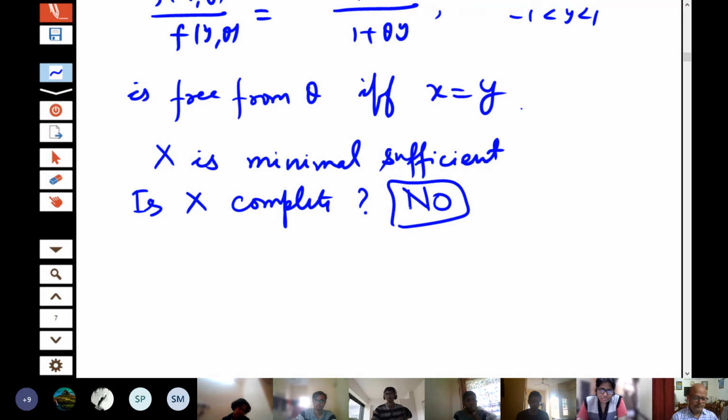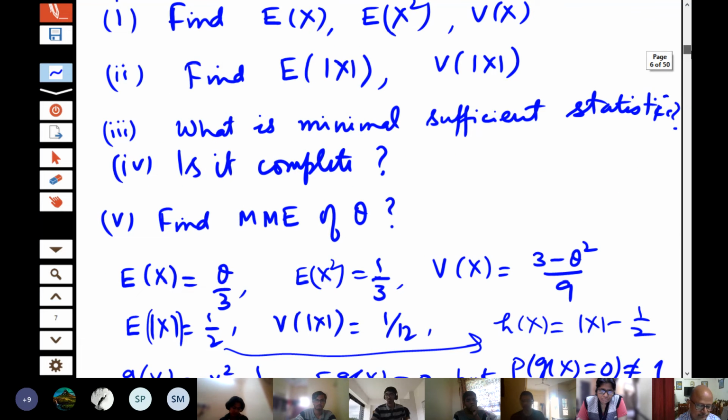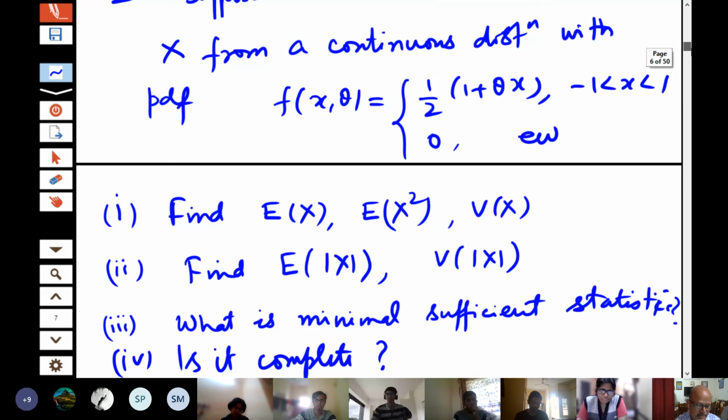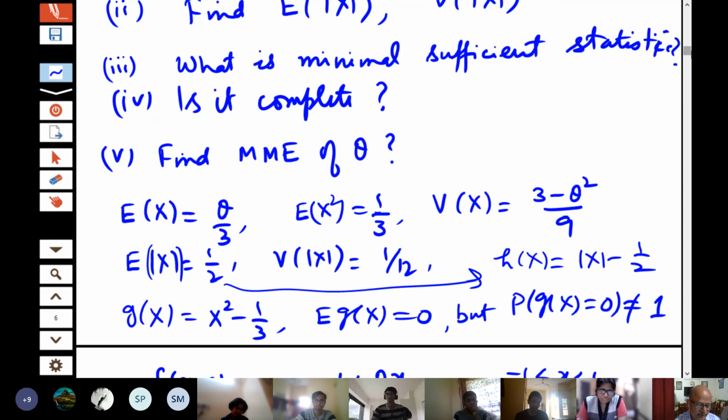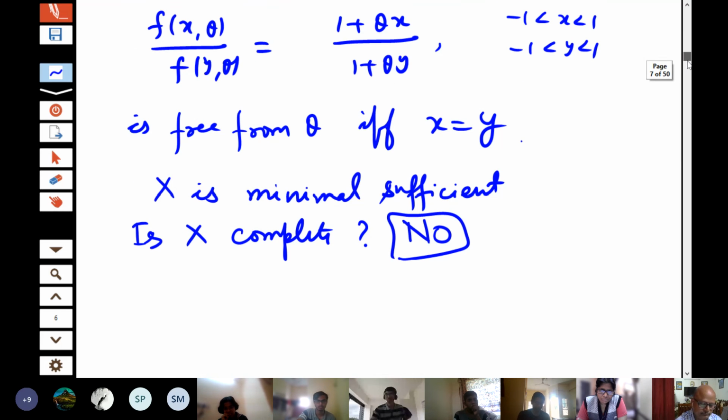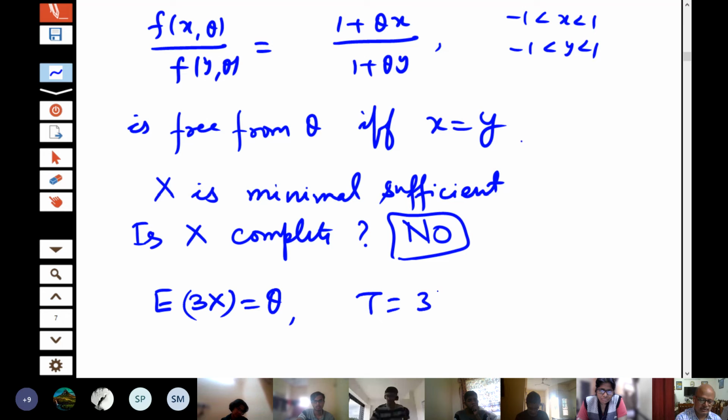So although I have got here expectation of x is equal to theta by 3, I will get an unbiased estimator of theta based on x. Expectation of 3x is equal to theta. So let us call it t equal to 3x. So t is unbiased.